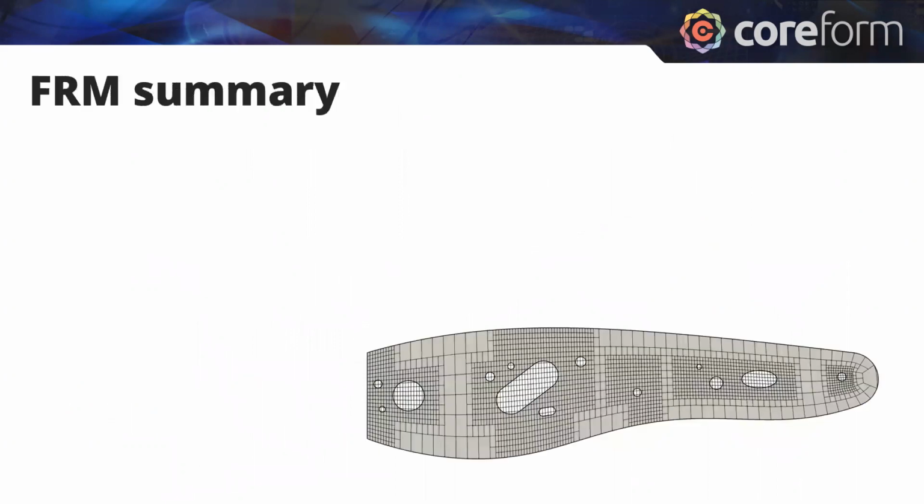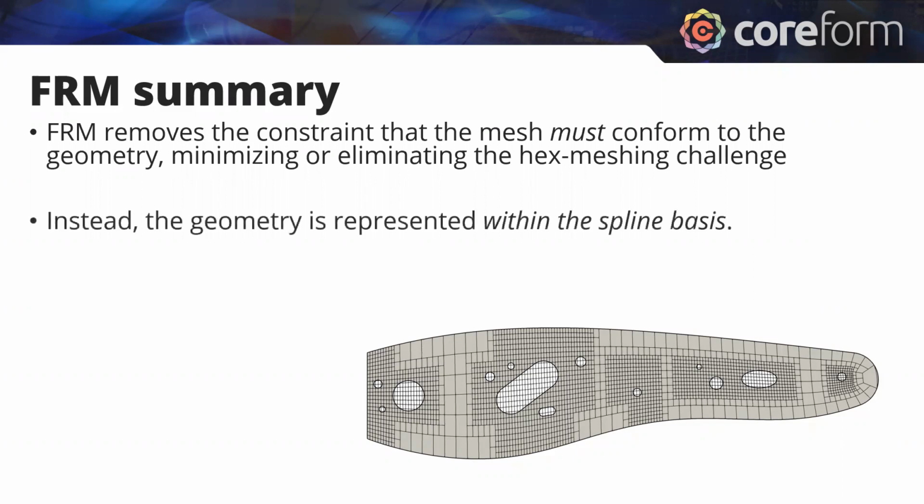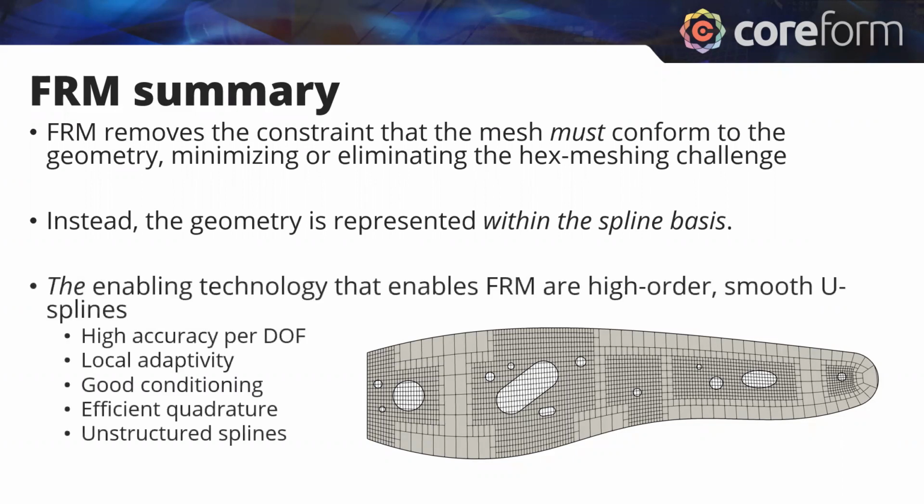And so just to summarize FRM, we removed that constraint that the mesh must conform to the geometry, which is really what the challenge is behind the hex meshing problem. And so by relaxing that, we've now minimized the effort required. We're representing the geometry in the spline basis. And the enabling technology for FRM is, again, those U-splines, where we have high accuracy per degree of freedom, local additivity, great conditioning, efficient quadrature schemes, and the ability to choose an unstructured mesh.